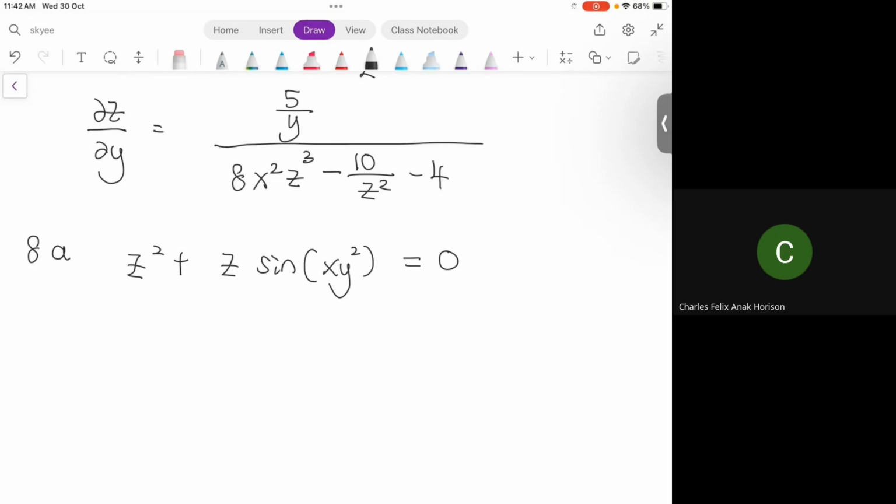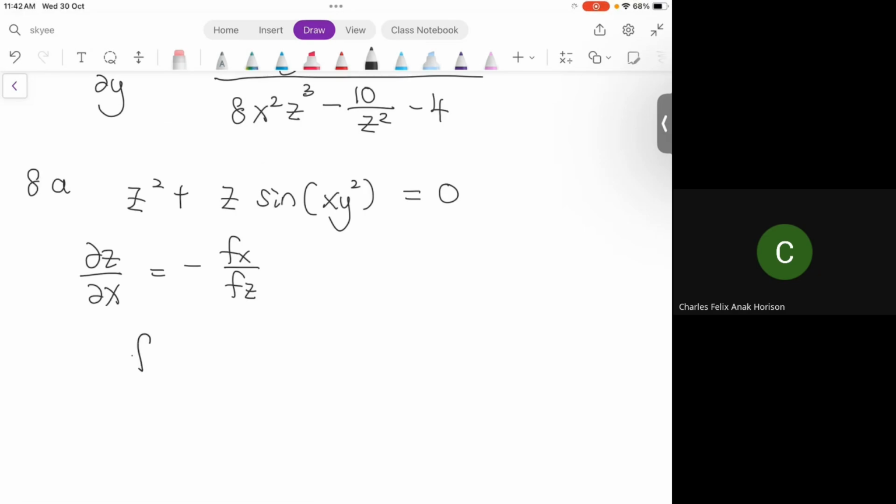Okay, so let's find the del z del x. Write the function, and then write down what your f is. Over here you have nothing, so nothing to move to the left. So your f will be equal to z squared plus z sine xy squared.